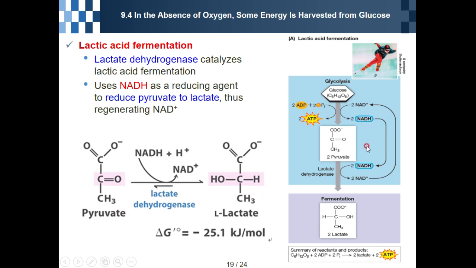During that time, NADH is used. During glycolysis, 2 NADH is produced, but during lactic acid fermentation, 2 NADH is used. It means that in the summary of glycolysis and lactic acid fermentation, only 2 ATP is synthesized. Okay?